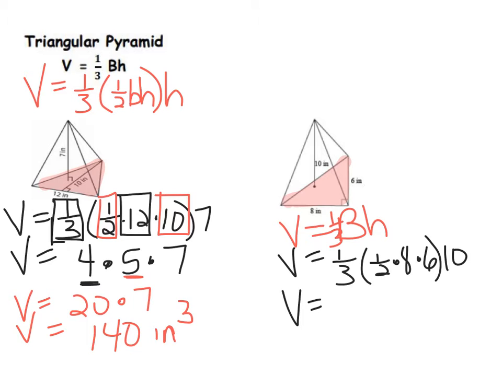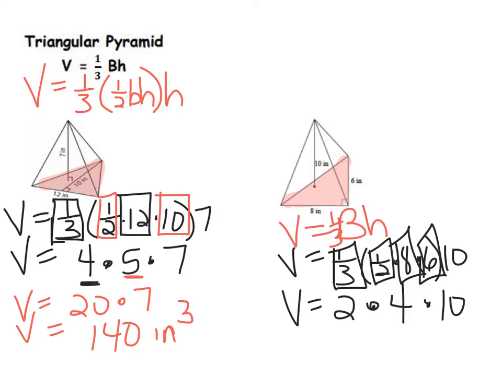So 1/3 of 6, and that's going to be what? 2. Now, what can we do half of? 8. So I'm going to do half of 8, which is 4, and then we still have 10. So now all we have to do is 2 times 4, 8, and 8 times 10.